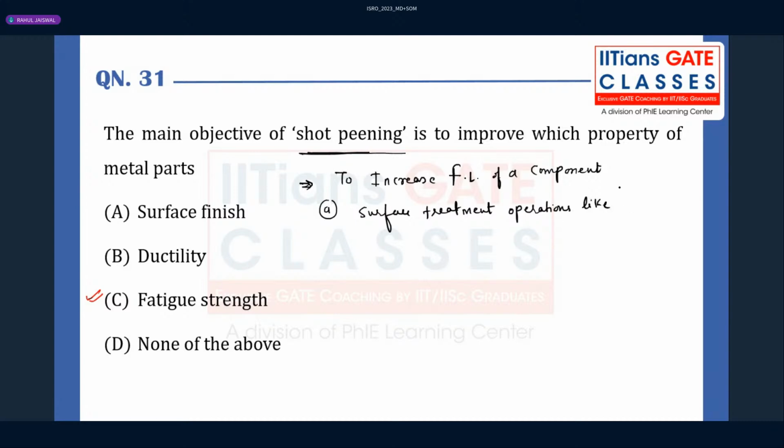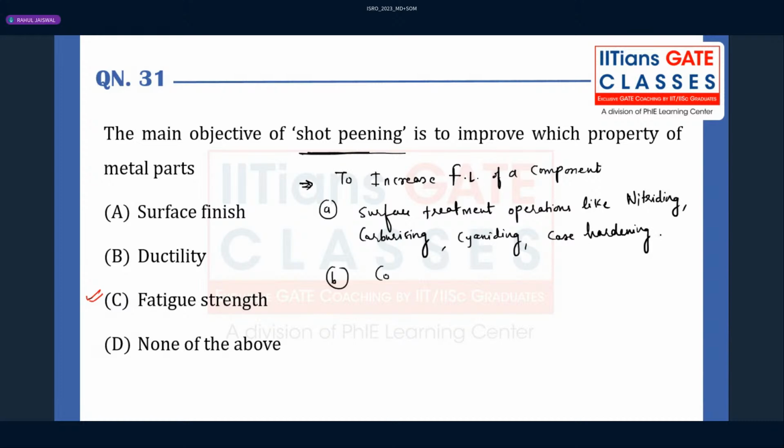Surface treatment operations like nitriding, carburizing, cyaniding. Then we have case hardening. These are the processes that will increase the fatigue life of a component, right?